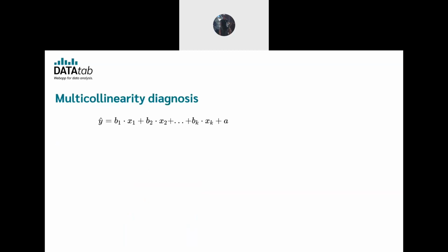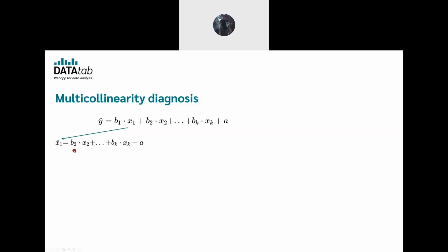If we look at the regression equation again, the variable x1, x2, up to the variable k. We now want to know if x1 is quite identical to any other variable or a combination of other variables. In order to do this, we simply set up a regression. In this new regression model, we take x1 as the new dependent variable.